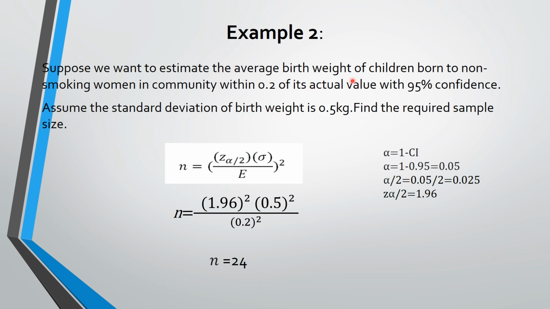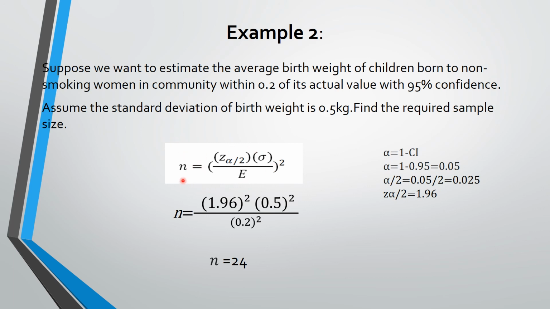Here you can see that this 0.2 indicates the closeness of expected mean with the actual value of the population. So it is our margin of error, where the standard deviation is given in this scenario, that is 0.5 kg, and now we are required to calculate the sample size.